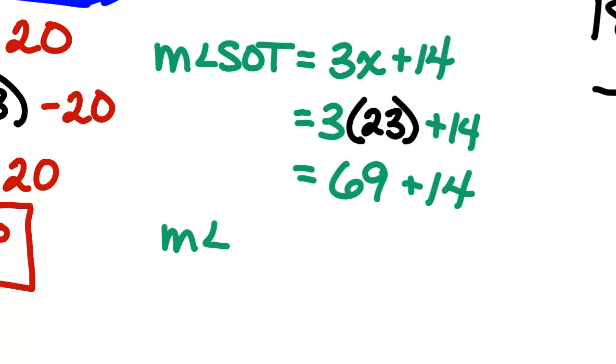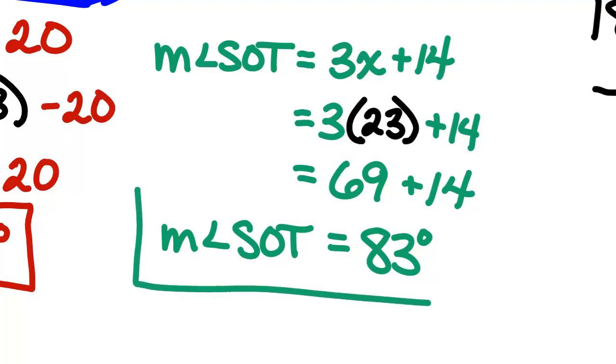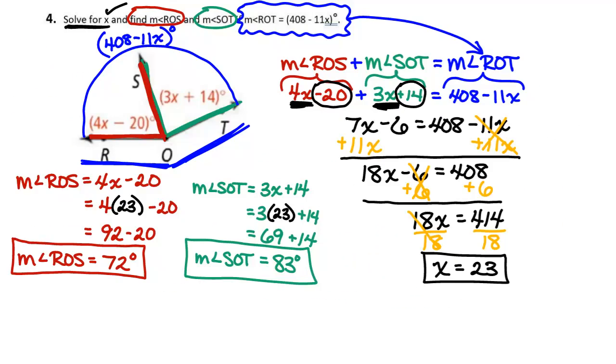And 83. So the measurement of angle SOT is 83 degrees. Very nicely done. Using the angle addition postulate, we were able to figure out the sizes of angles ROS and SOT. Let's go ahead and flip to that third page. This is the last page in this notes packet.